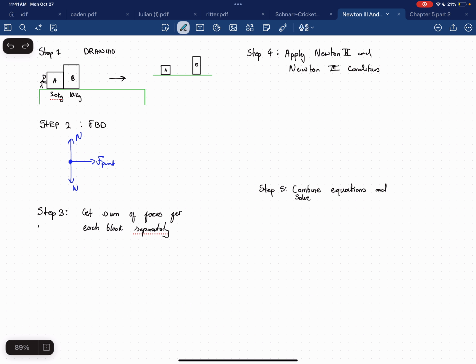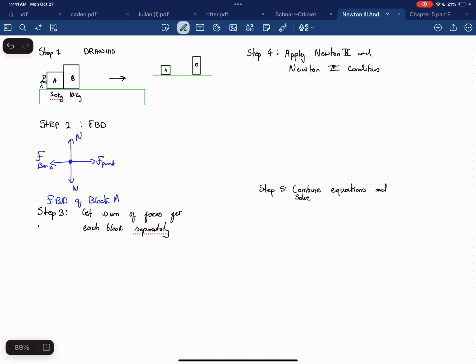And then we also have the force of B on A. All right? So this is what my free body diagram of A is. Free body diagram of block A. This is how it should look.